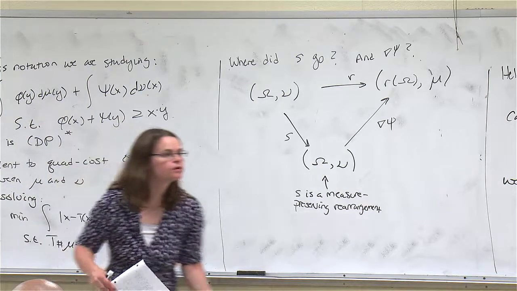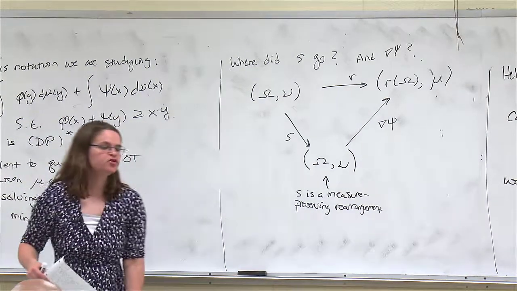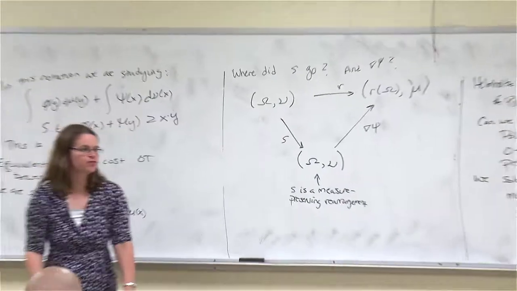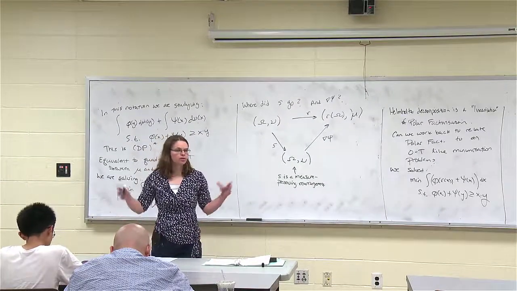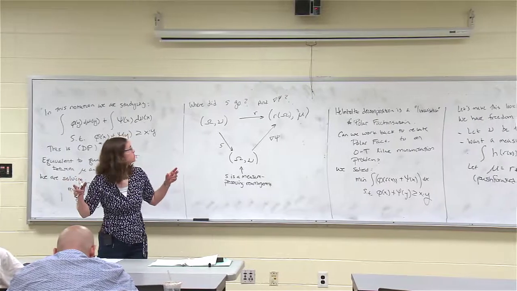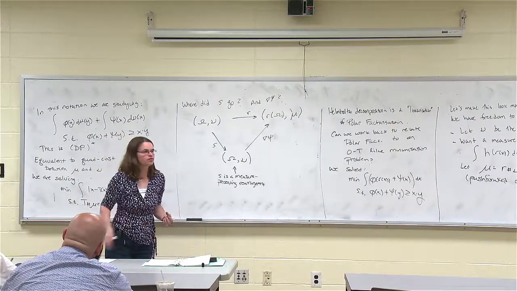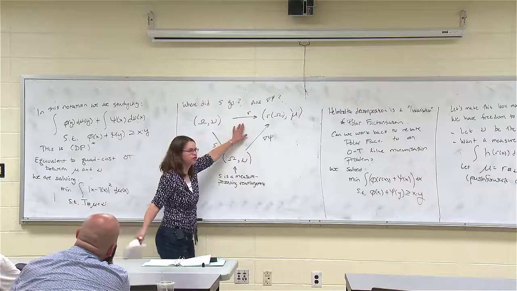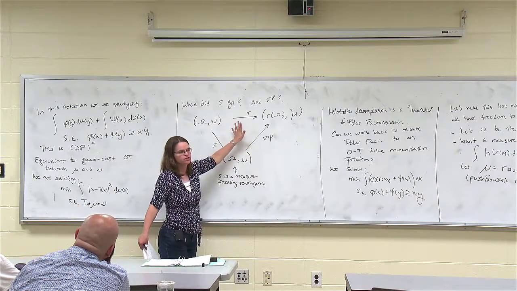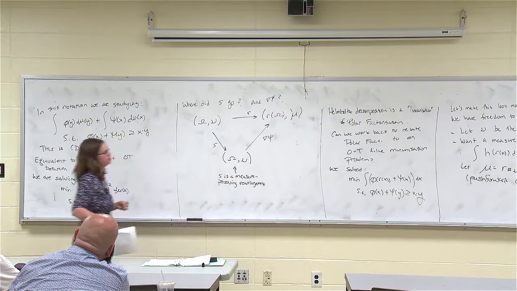Why did we need the rearrangement? We needed that when we were doing polar factorization. In order to write our vector field R as the gradient of a convex function, we had to rearrange the domain first. Any old mapping you give me, I can't write as the gradient of a convex function. I have to rearrange things a little bit first.